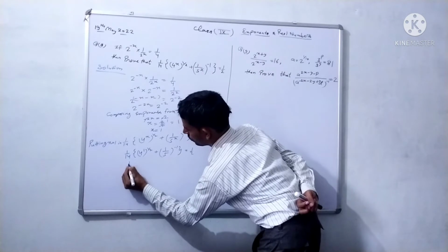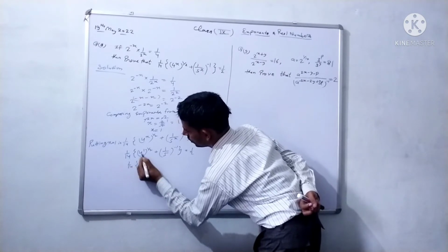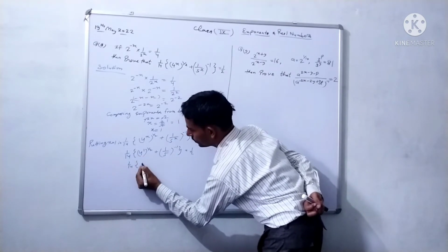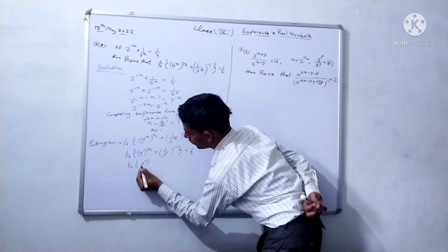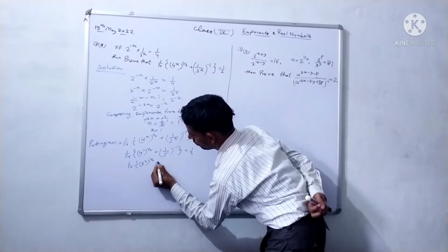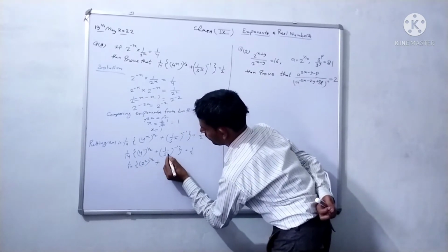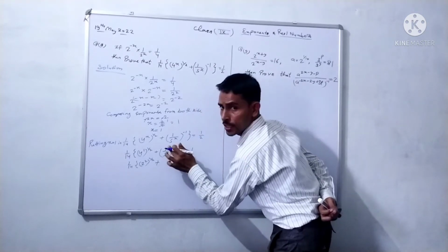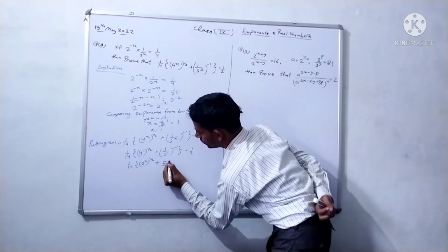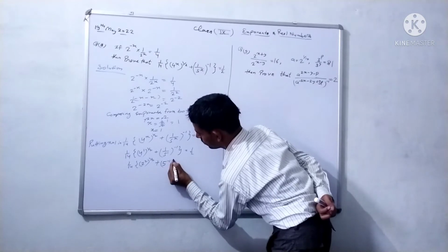Again 1 upon 14 into, we can write 4 like 2 to the power 2 and whole power is 1 upon 2 plus, here if we take 5 into the numerator part, then we can write 5 to the power minus 1 whole power minus 1.